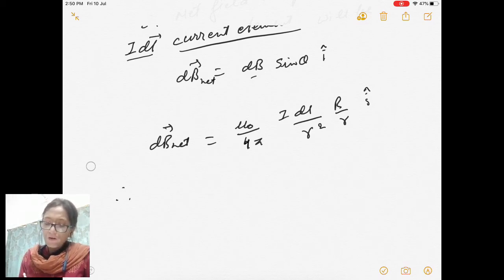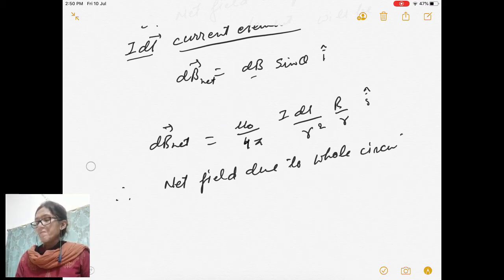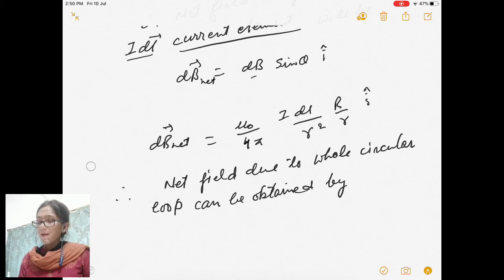Therefore, net field due to the whole circular loop can be obtained by integrating equation 1.